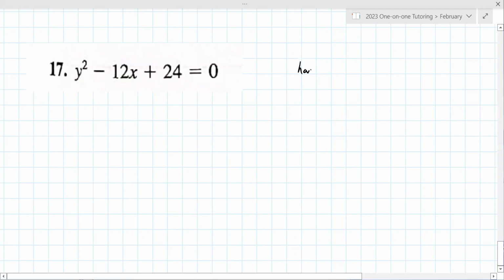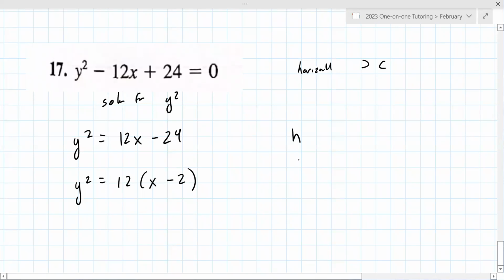Horizontal. Yeah, it's going to open left or right. Next, solve for y squared. Y squared equals 12x minus 24. Very good. We're going to factor out the 12.